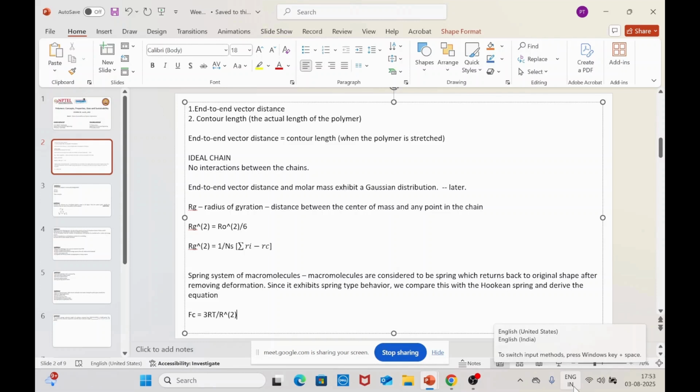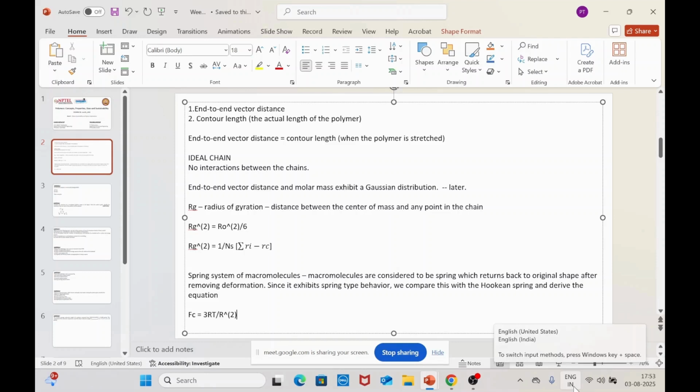In a good solvent the polymers remain in their most favorable state, and in bad solvents the polymer interactions are so high that they interact with each other, form aggregates and clumps, and settle down as precipitate. That is typically a very bad solvent for the type of polymer that we are choosing.